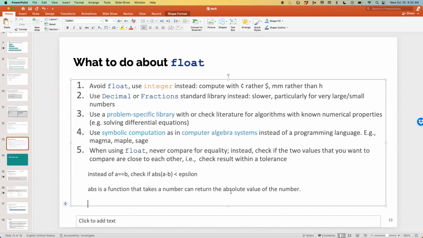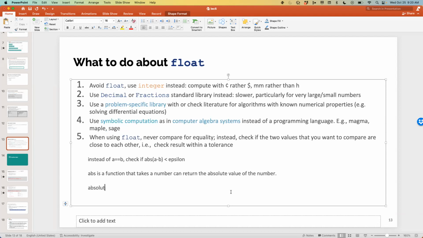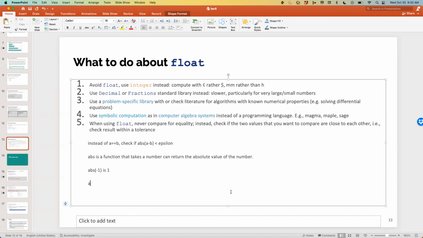So for example, absolute of -1 is 1. That means you remove the negative, so it is always positive. Absolute of 1 is just 1. So absolute basically converts a number to its non-negative value.